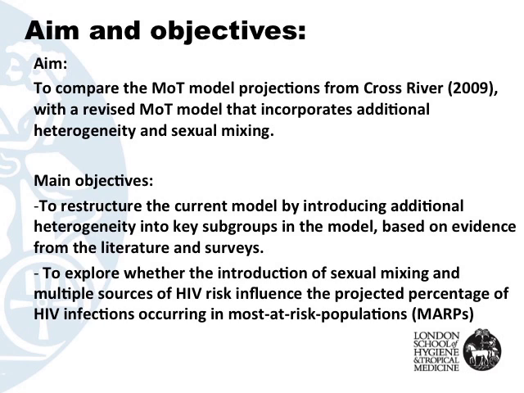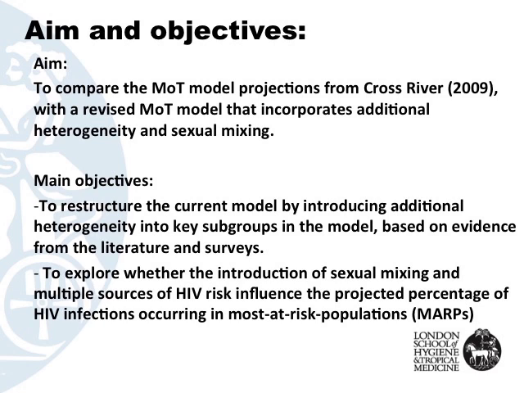The first one is to restructure the current model by introducing additional heterogeneity into key subgroups in the model. And this is based largely on evidence from the literature and surveys that we have available. And the second objective is to explore whether the introduction of sexual mixing and multiple sources of HIV risk influence the projected percentage of HIV infections occurring in your most at-risk populations.